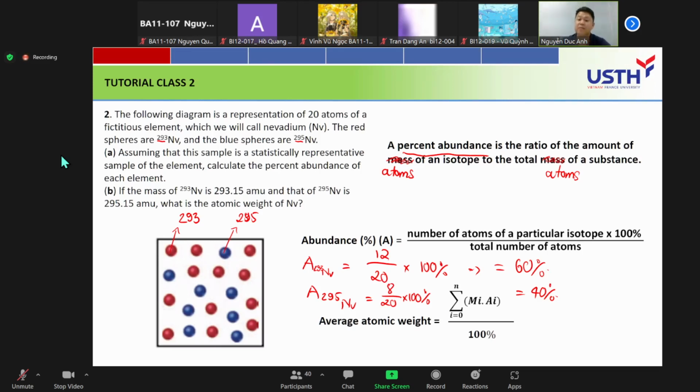Okay, and to define the atomic weight, or average atomic mass, of Nevadium, you have to use the expression here. This is the total of the atomic mass multiplied by the percent of abundance of that isotope, and divided by 100%.